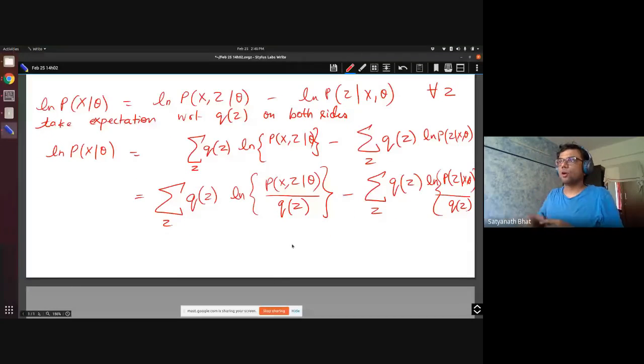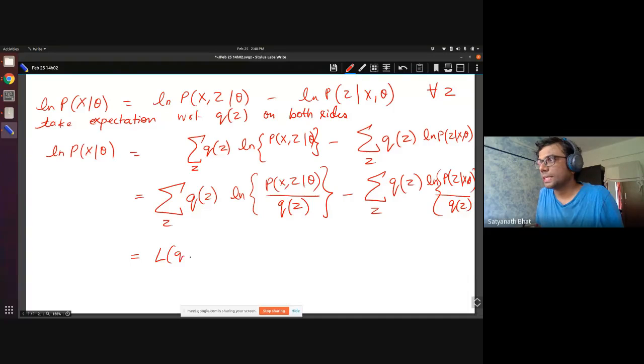Now on the left hand side is the quantity that we would like to minimize. On the right hand side we have these two terms, and these two terms have special meaning. We will call this L(q, theta); it depends on the q that you have chosen.